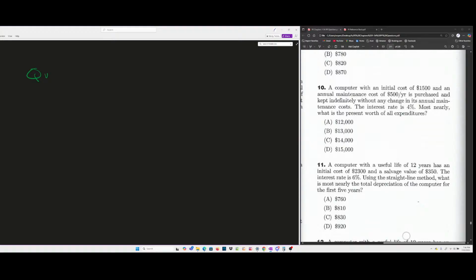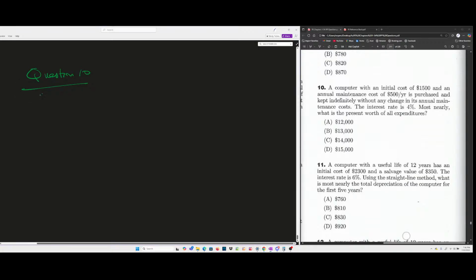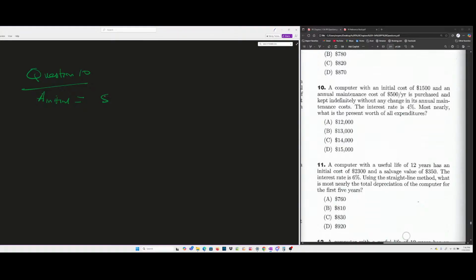So question 10. Let me pull up my notes real quick. It says the initial cost of the computer is 1500.